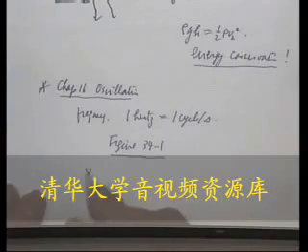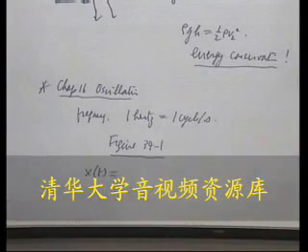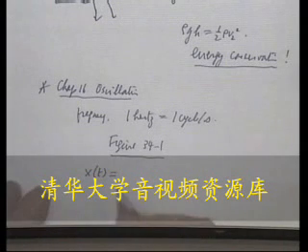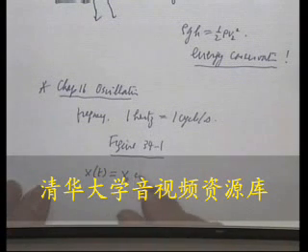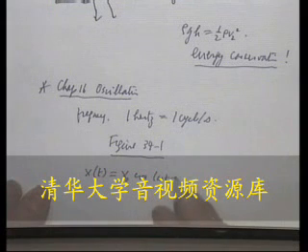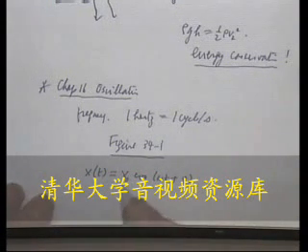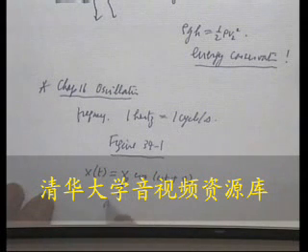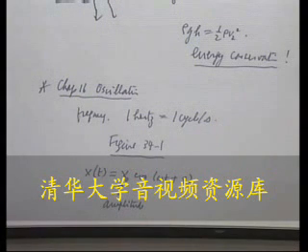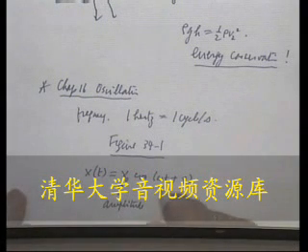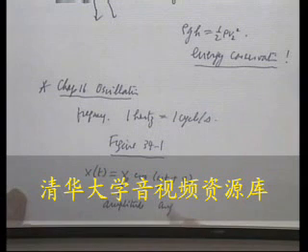Now, in the book, it writes a typical one-dimensional oscillation. The displacement x as a function of t is written as x0 times cosine of omega t plus phi. This x0 is called amplitude, 中文叫振幅. This omega is called angular frequency, or angular velocity.